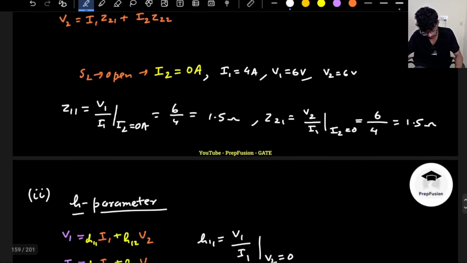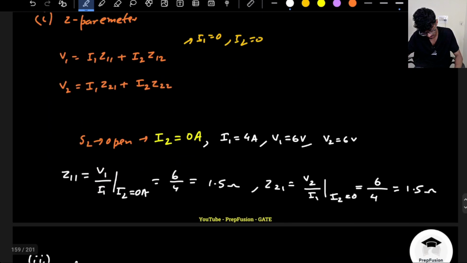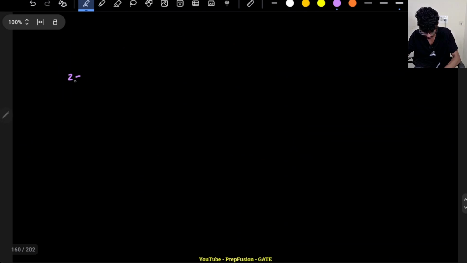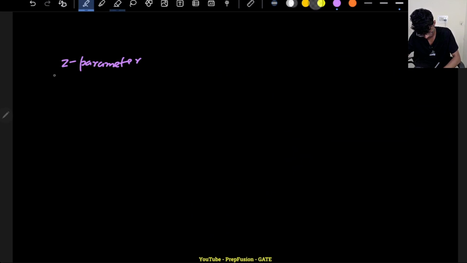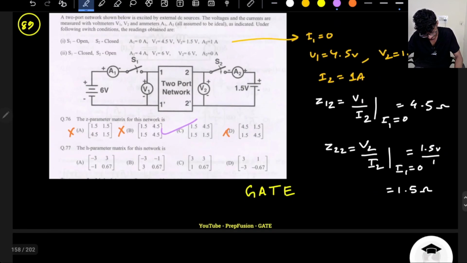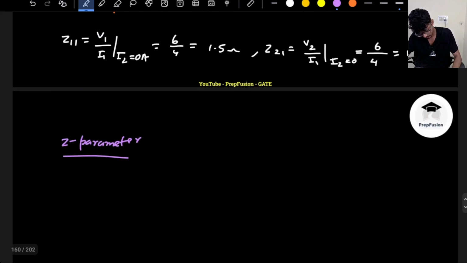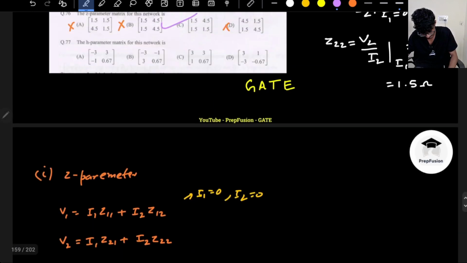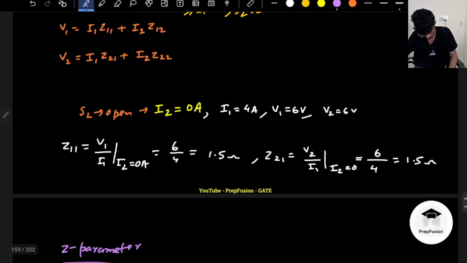What I noticed about the Z parameter, what is the Z parameter? So the Z parameter of this network is 1.5, 4.5, 1.5, 1.5.